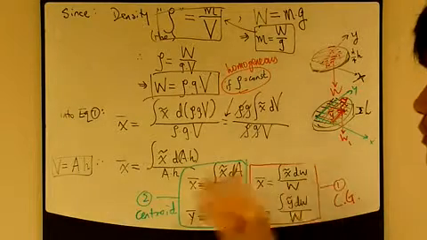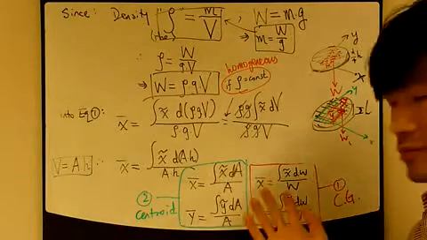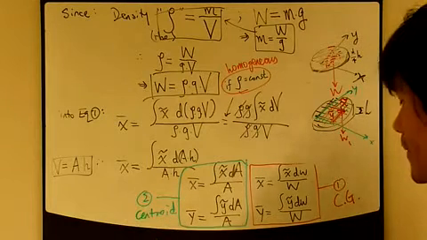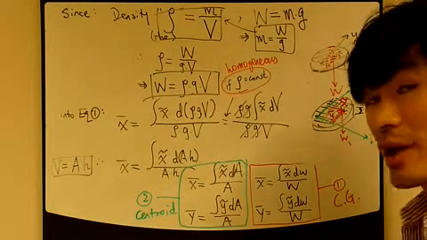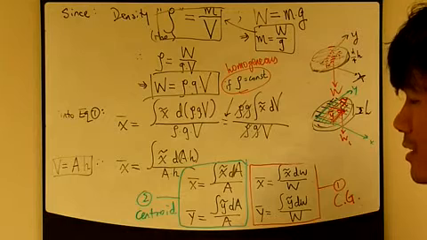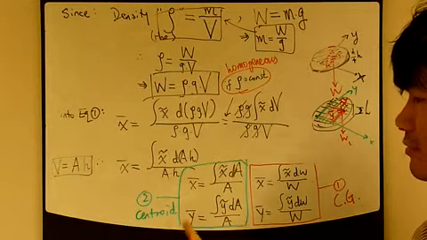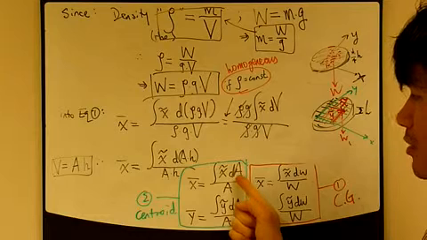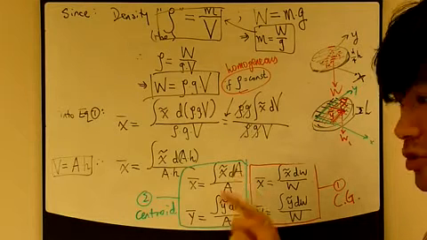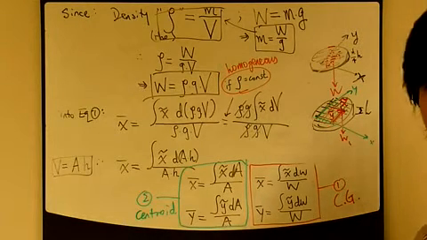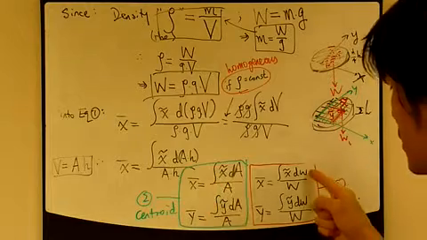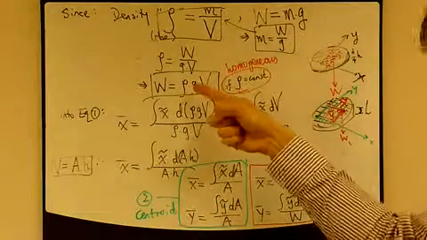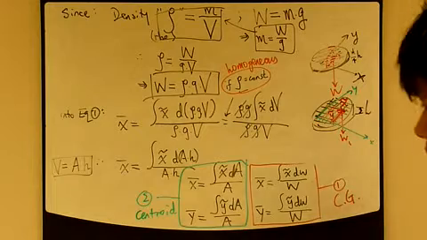So you have the freedom to use either set of equations, equation 1 or equation 2, and they give you the exact same answer. The good thing about equation 2, for the centroid, is that you're working in terms of area, which is a purely geometric quantity, instead of working with W, which involves material properties.